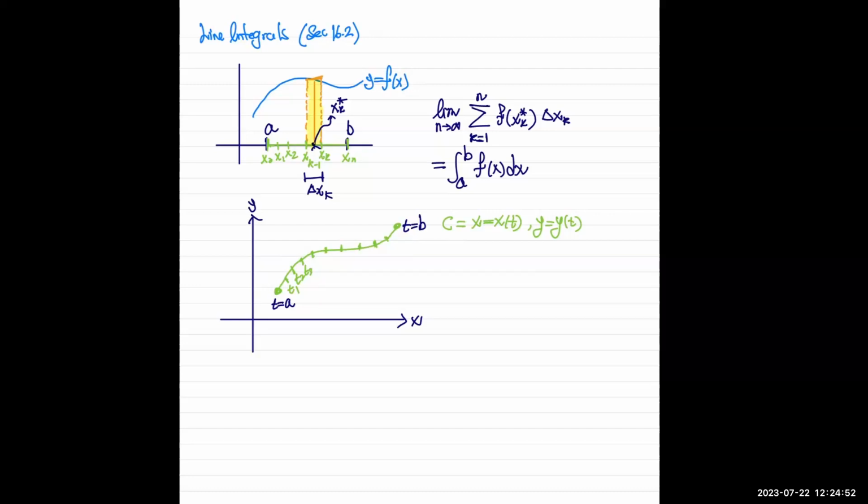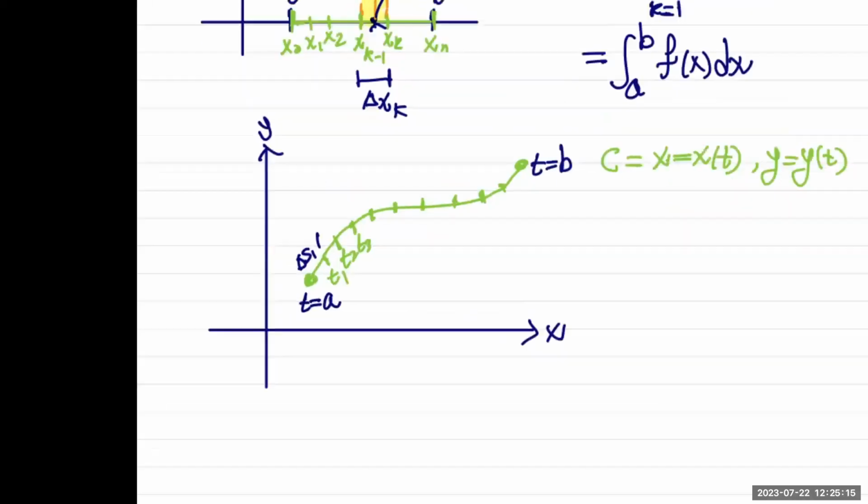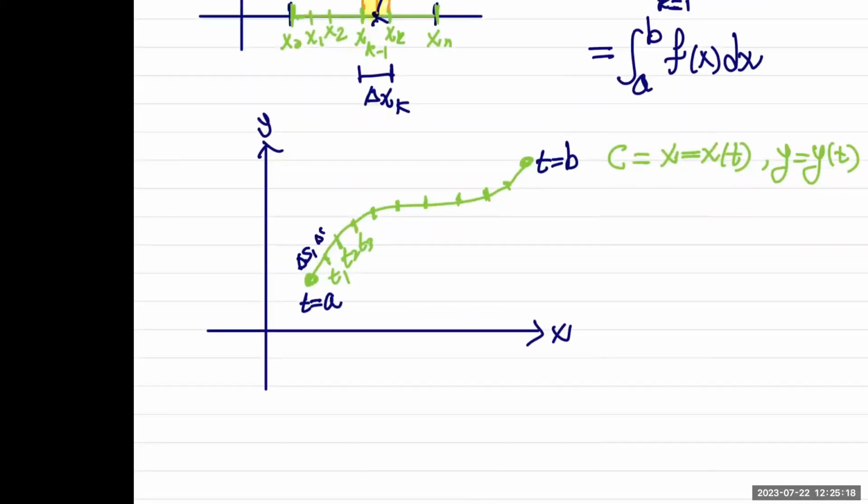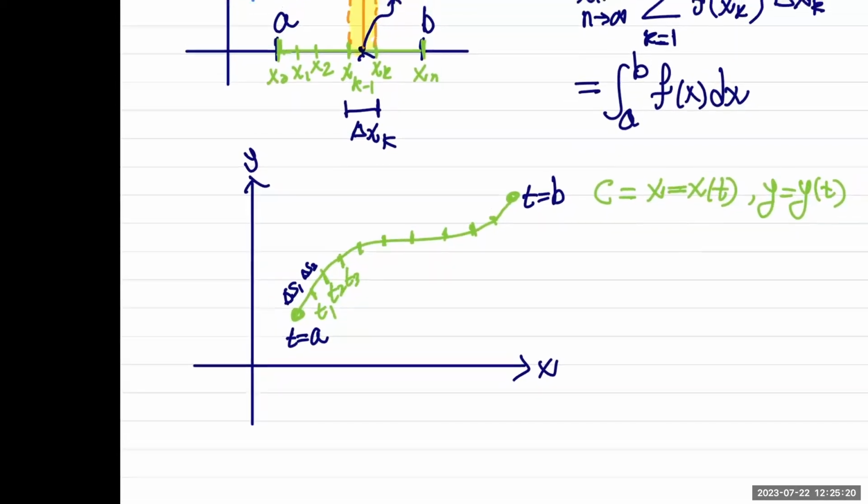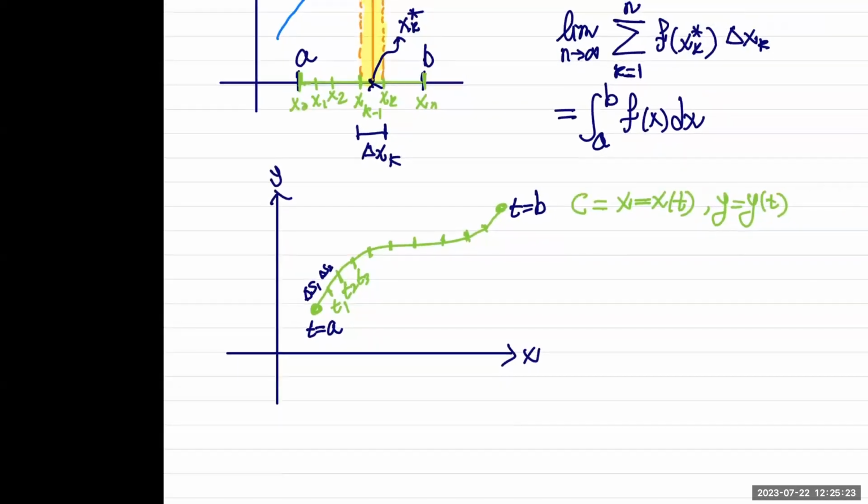Okay, we have a delta s. Remember s is the arc length. Okay, so the length of each of these sub-curves is an increment of arc length. So this would be delta s1, delta s2, and so on.